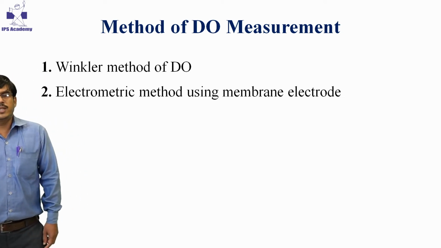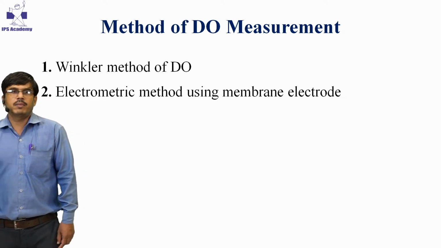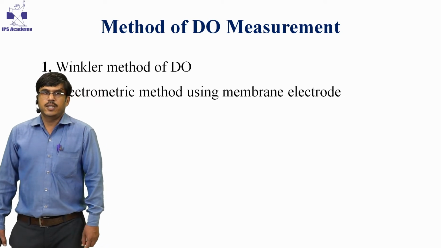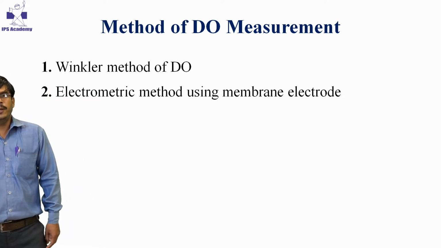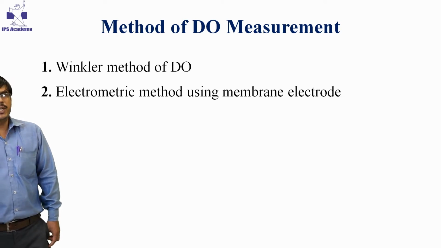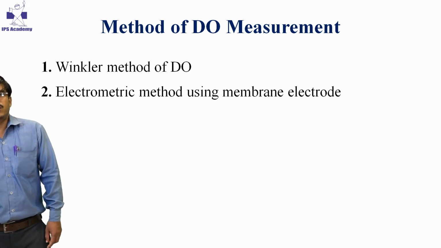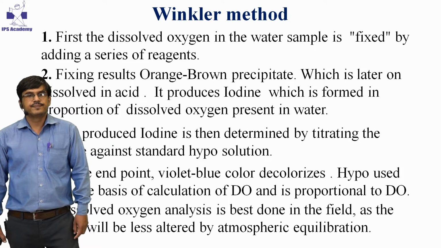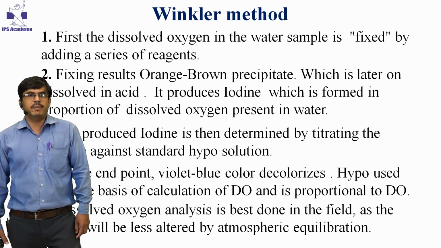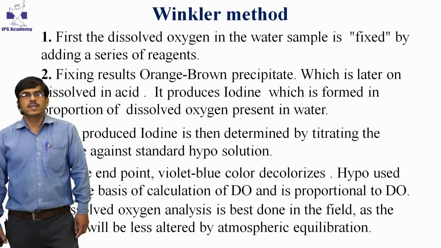There are two methods by which we can determine dissolved oxygen. The first one is the Winkler method, which is a volumetric method. The second one is the electrometric method, in which we use a membrane electrode, and it forms the basis for the Winkler method.